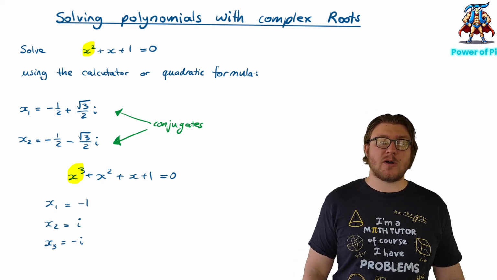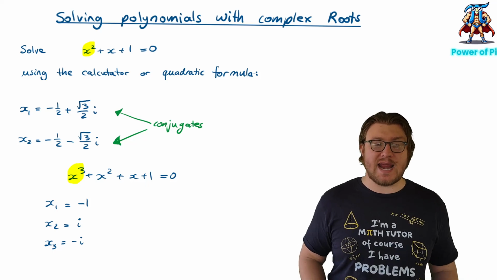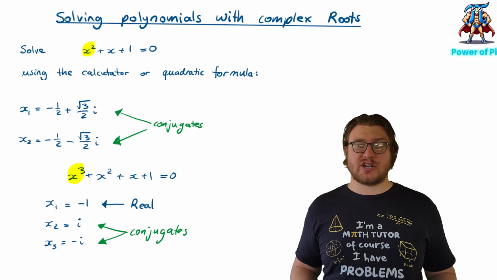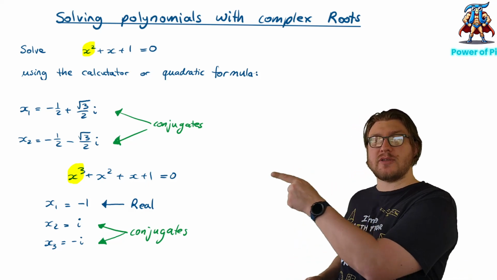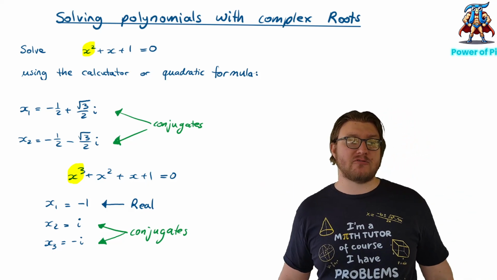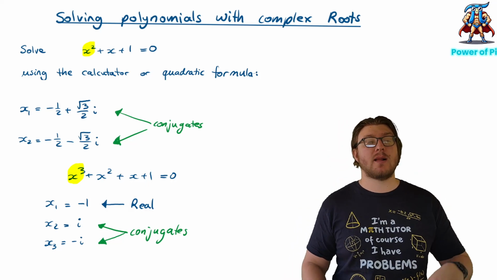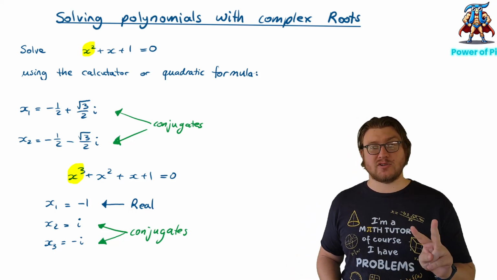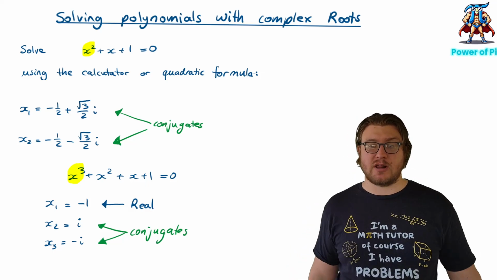So if we look at the options here, we have -1, i and -i, and these are your real root and your conjugates. Make sure that you know that a cubic has 3 roots where 1 must be real. It could be all 3 real, but it can only be 2 conjugates making 2 roots and 1 other being real.